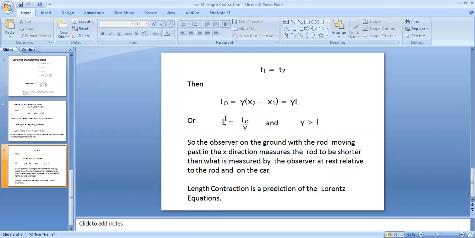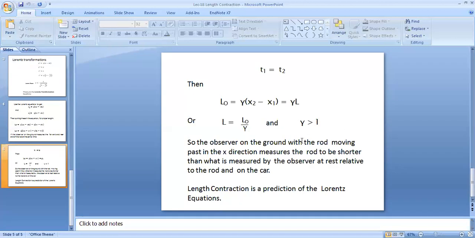Now, L will be equal to L naught over gamma, and gamma will be greater than 1. So the observer on the ground, with the rod moving fast in the x direction, measures the rod to be shorter than what is measured by the observer at rest relative to the rod on the car.